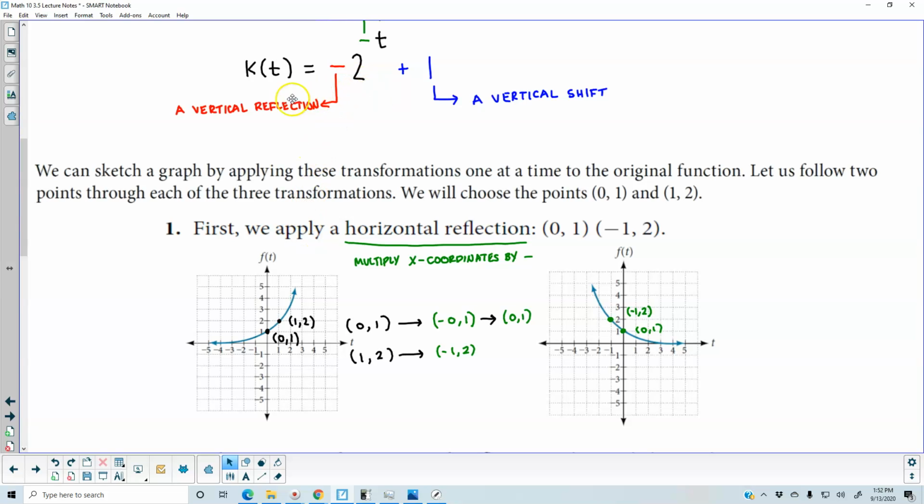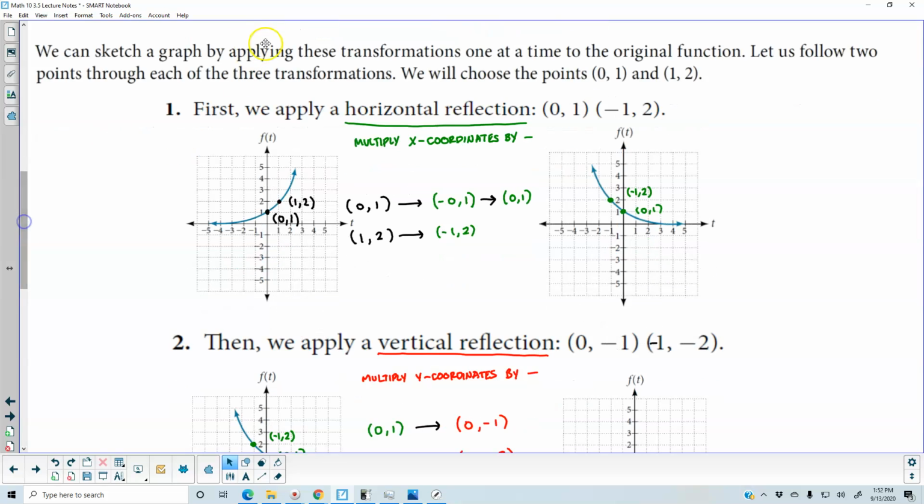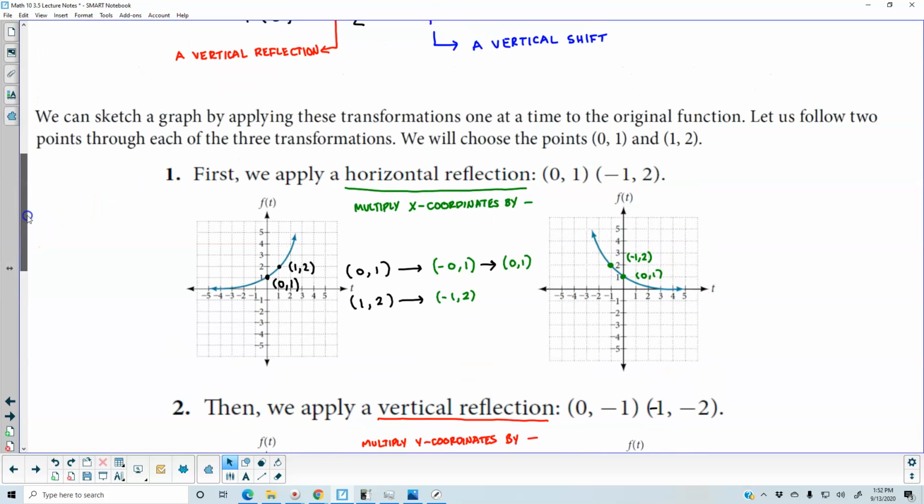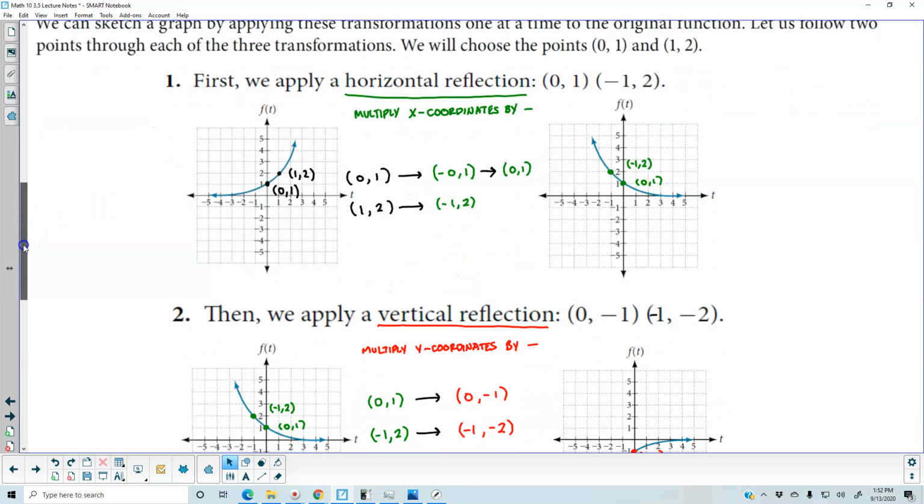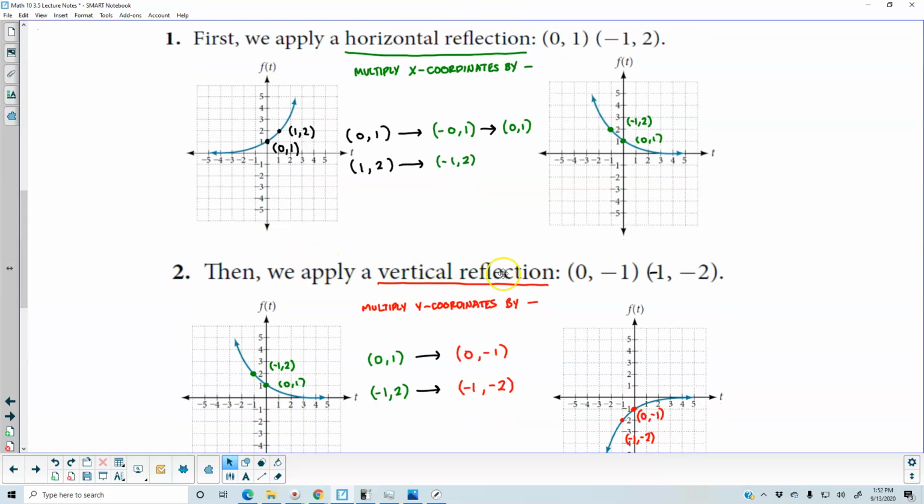Now we're going to apply the next transformation, the vertical reflection. When we apply the vertical reflection, we're multiplying the y-coordinates by a negative value. Using our points from the previous step, we have (-1, 2) and (0, 1).